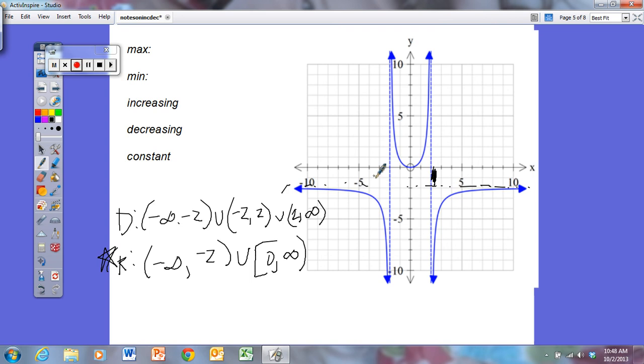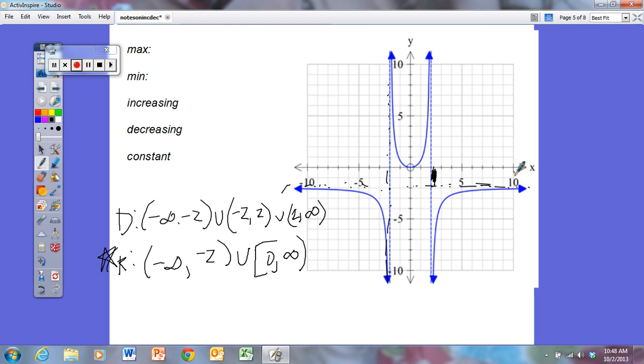And then there's no y values in here. And then from here all the way up. These blue dotted lines are just asymptotes. They're showing you the line that it approaches but never touches. Hopefully on future notes I'll have the horizontal asymptotes drawn too so that you can see. But you're just going to have to take my word for it here.